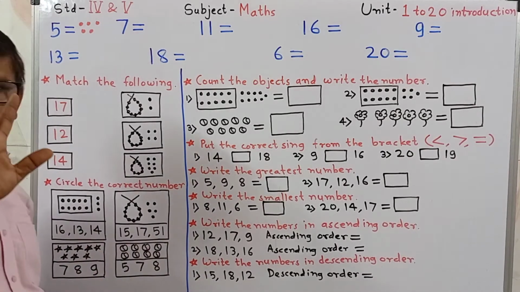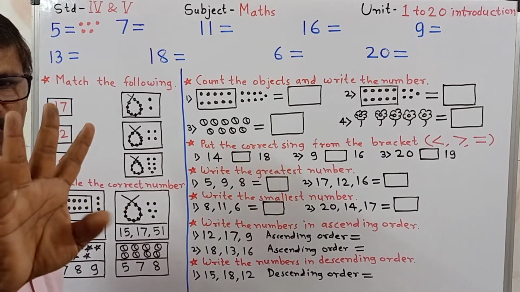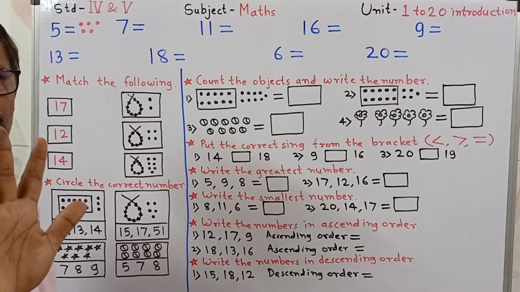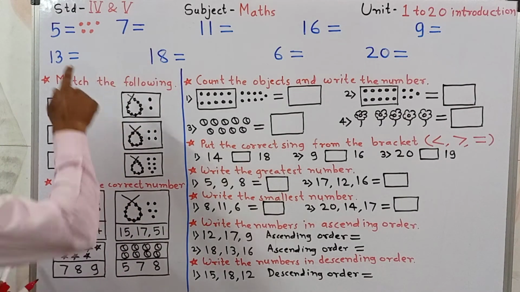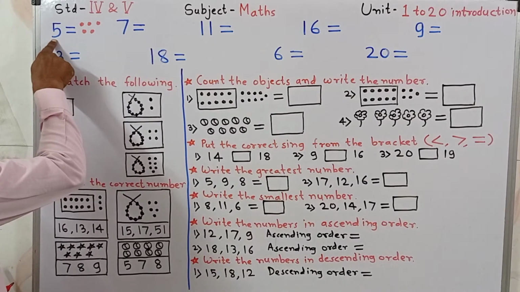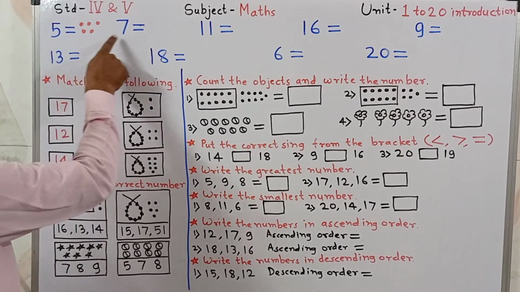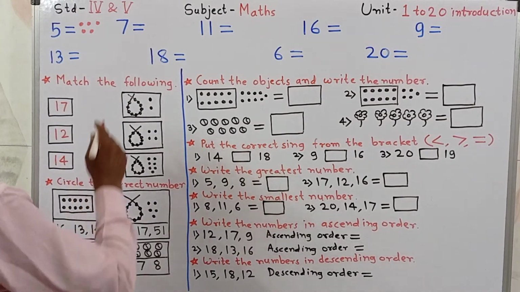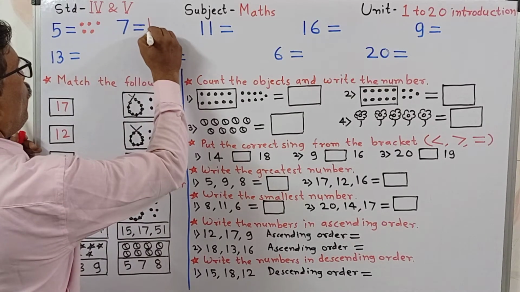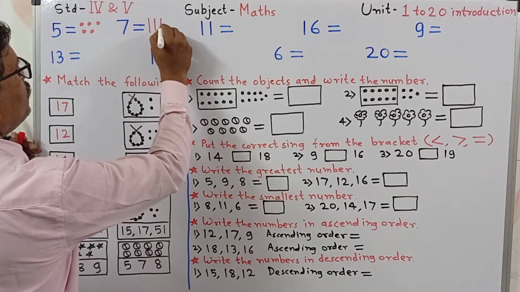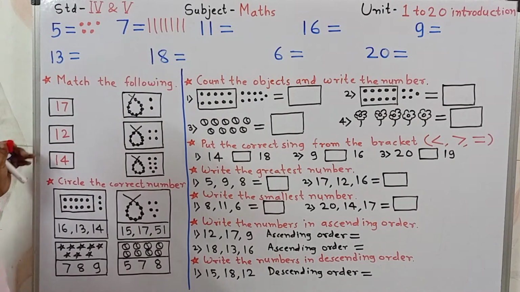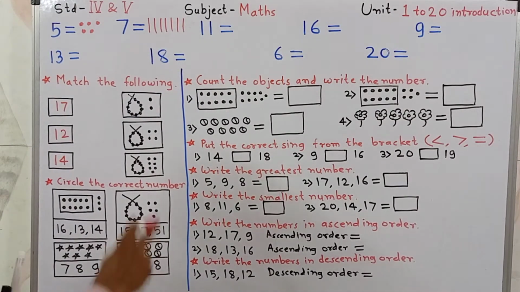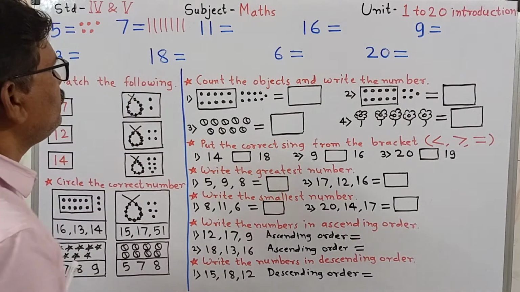There are 5 fingers. 1, 2, 3, 4, 5. Is called 5. We write the numbers this time. Okay? It is 7. 1, 2, 3, 4, 5, 6, 7. There are 7 lines. 7.